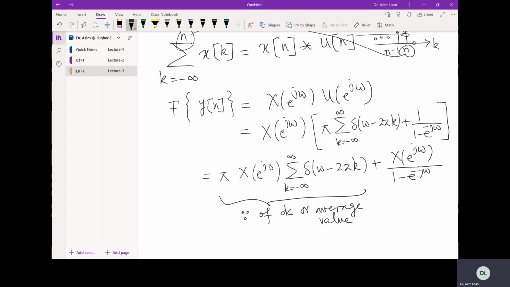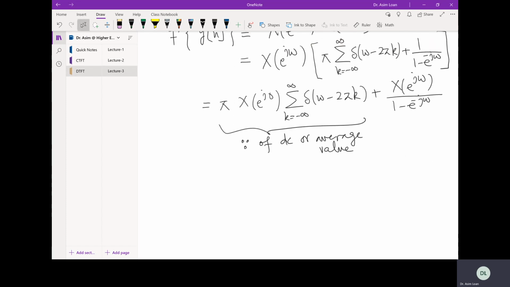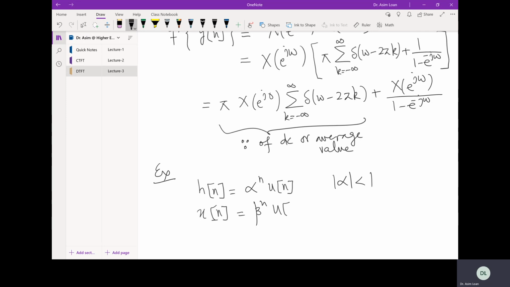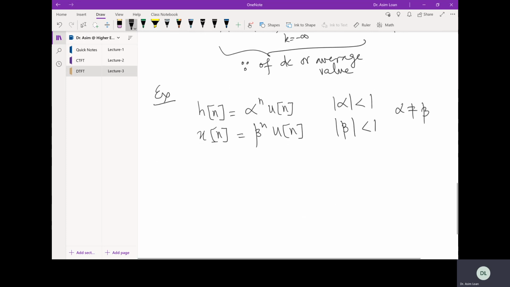Let me do an example on convolution. h of n is α^n u[n], where the absolute value of α is less than 1. x of n is β^n u[n], where β is less than 1, and α is not equal to β.